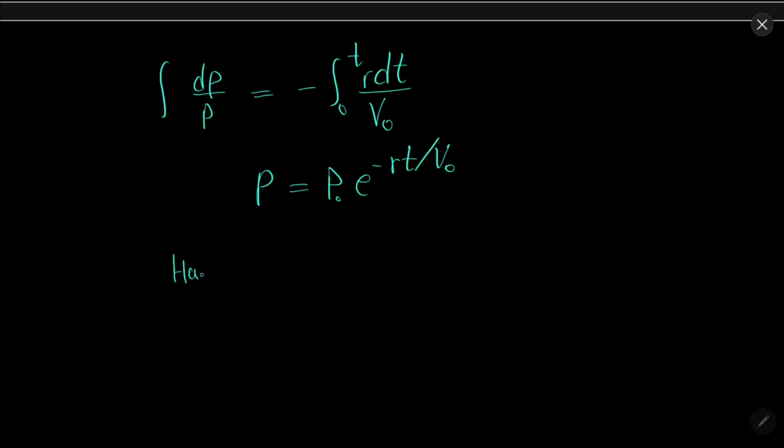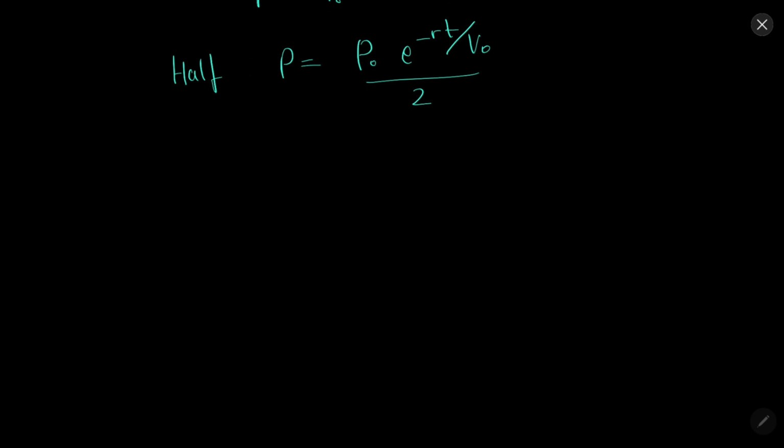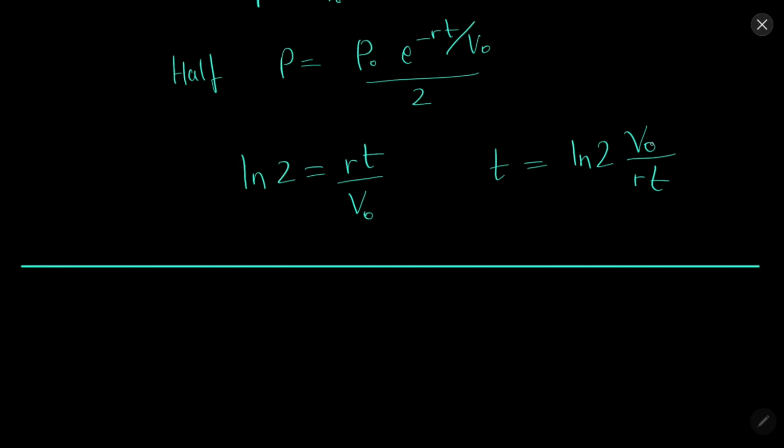Now when half of the gas is pumped out, pressure will become half of the value. So log 2 will be RT over V naught, T will be log 2 into V naught over R.